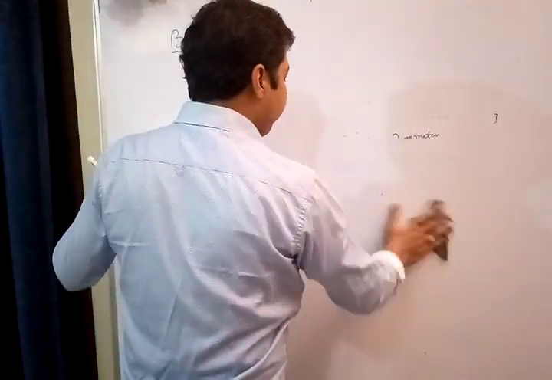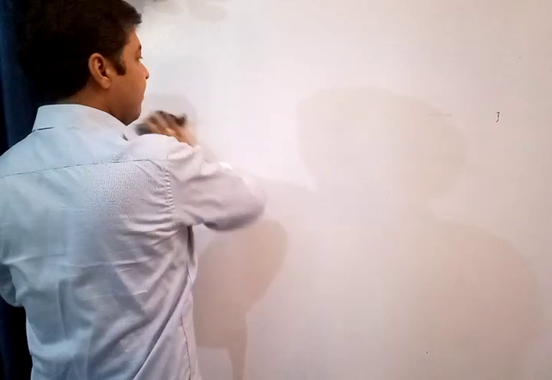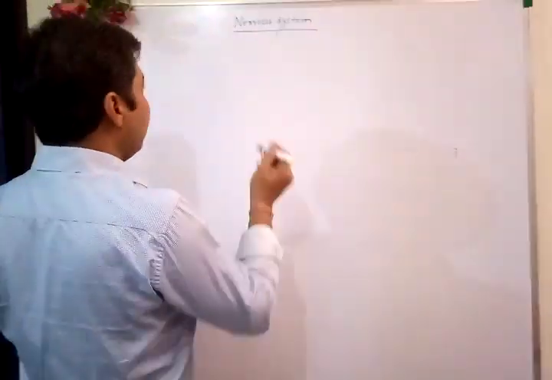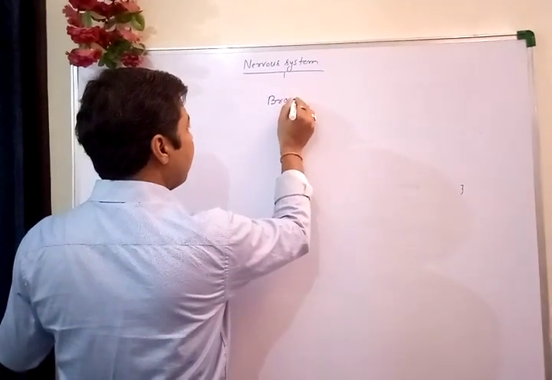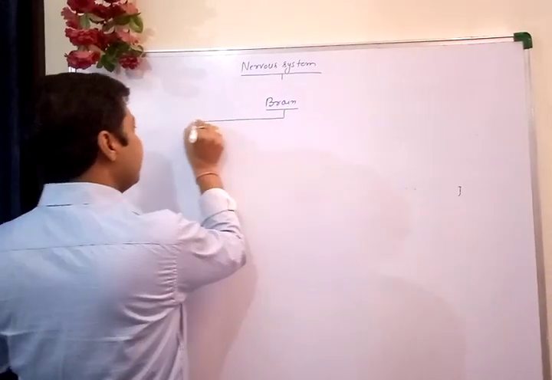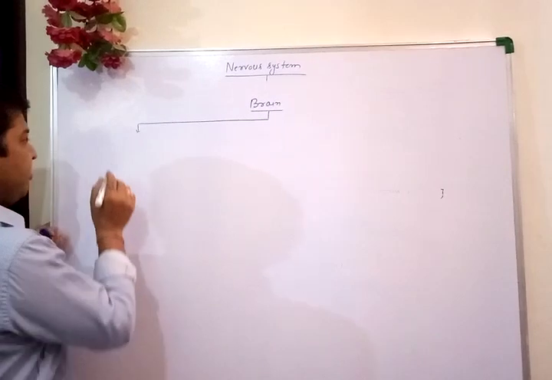Now coming to the parts of the brain, that is important. We'll see through the flow chart. The brain has 3 parts.